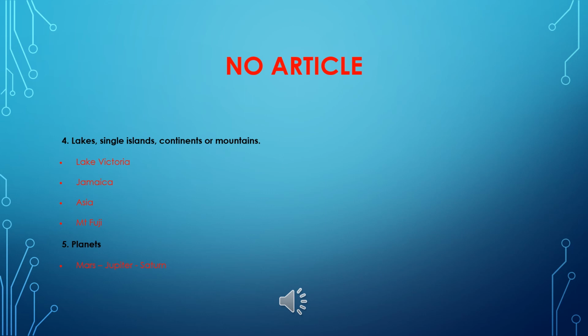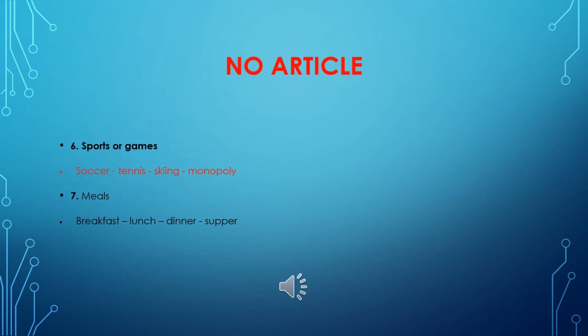We use them with no articles, like Mars, Jupiter, and Saturn. With sports games, we also use them with no article, like soccer, tennis, skiing, and Monopoly. And with the names of meals as well, like breakfast, lunch, dinner, and supper. We use them all with no article.